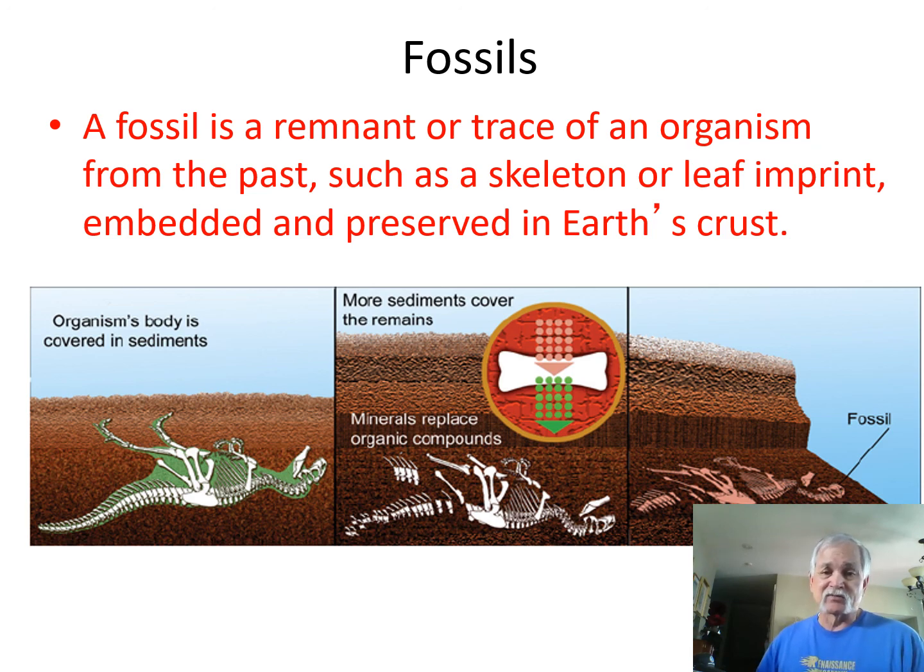And as more and more sediment covers the organism, and there's more pressure over time, eventually what's left is the hard structures, which is the bones, and then secondly the cartilage, but mostly the bones. Then after a while, there's a process where those organic compounds are replaced by minerals. We call that mineralization. And so we get fossils.